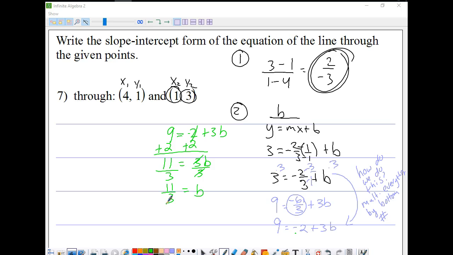Natalie, what would our equation be then? So 2 over 3x plus 11 over 3. Weird, right? There it is.